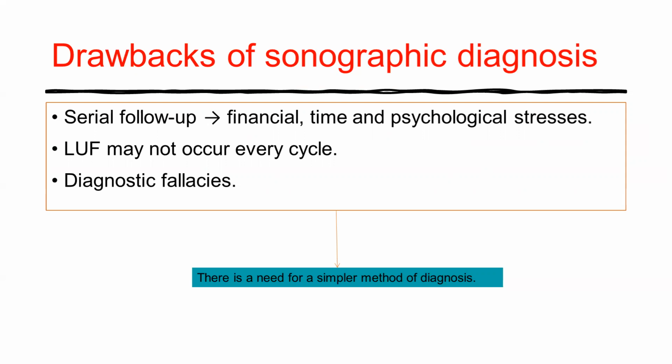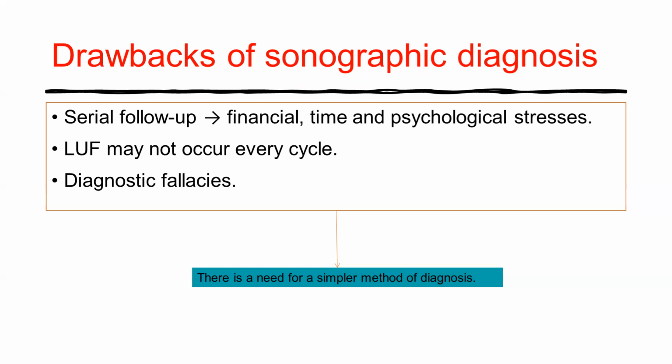It is also time consuming for the doctor and the patient, in addition to some psychological stress of monitoring just one cycle by frequent ultrasound visits. And if you apply this approach for all ladies, the clinics will be overcrowded, which is impossible in practice.